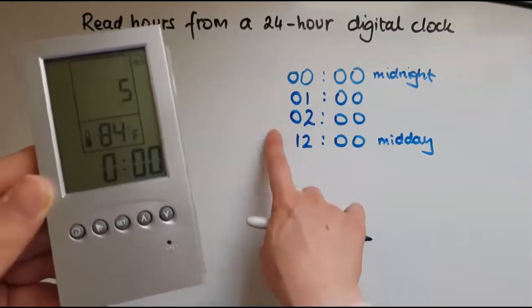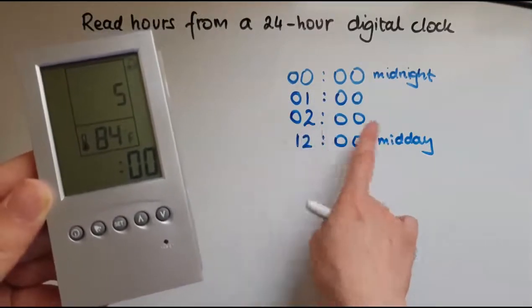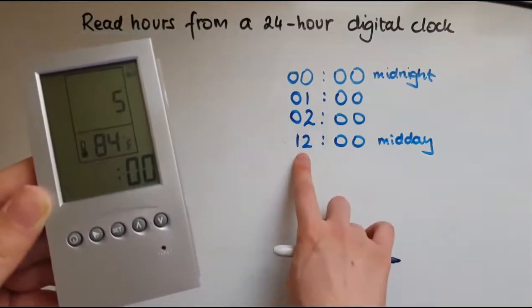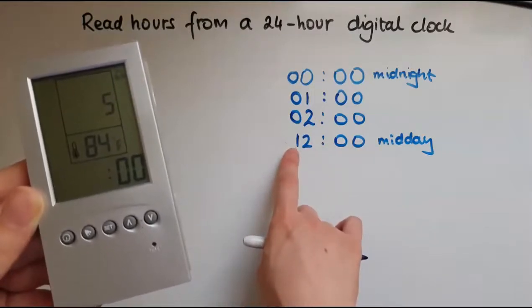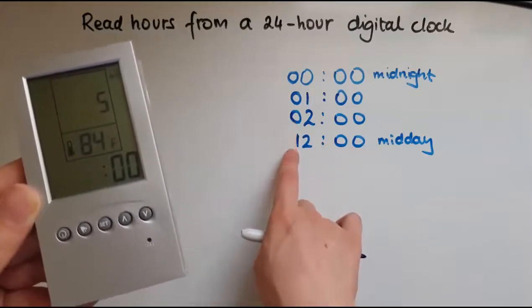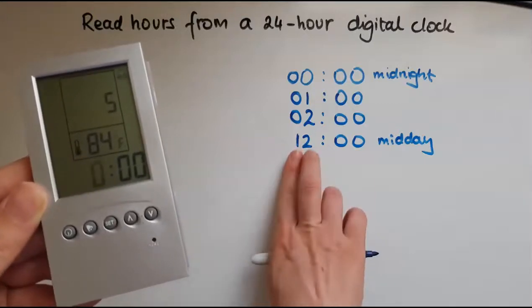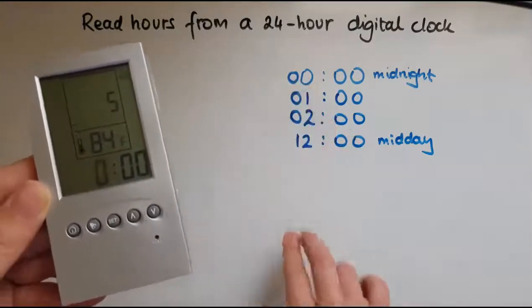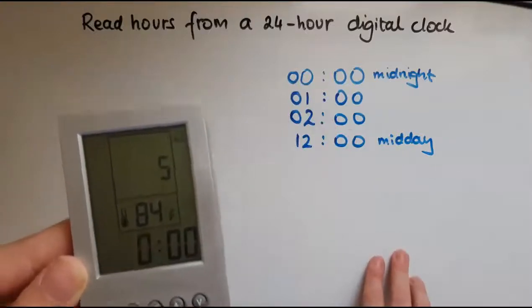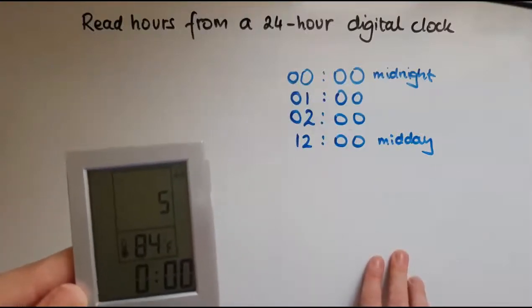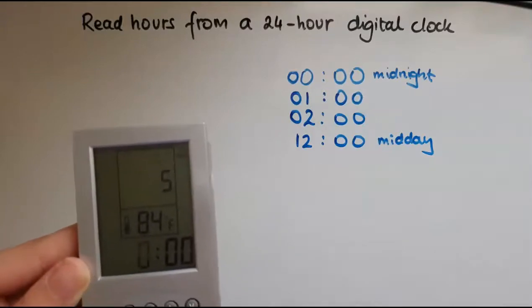But it still means the same time. That is 2 in the morning. And that is 12 because there is a 1 there, so I don't need to put a 0 in front of this. So it has 2 digits, 2, 2 and 2. So this is how to read hours from a 24-hour digital clock.